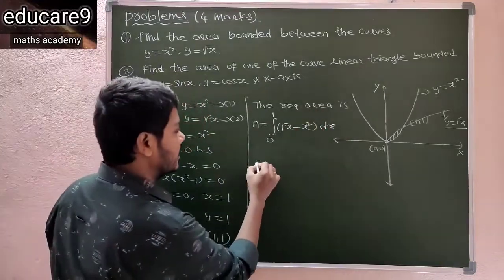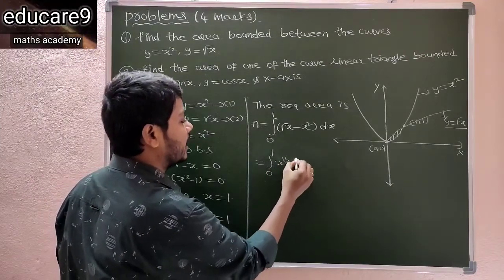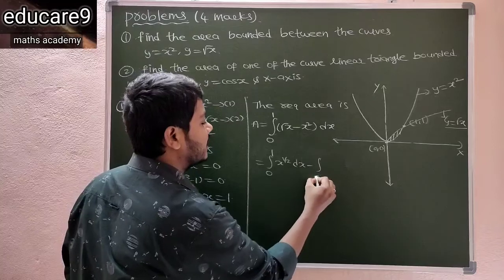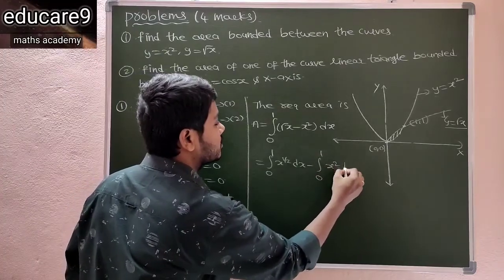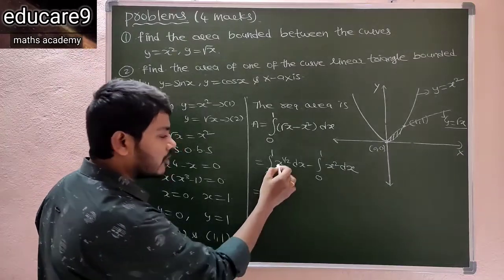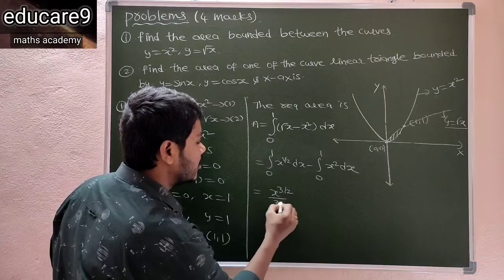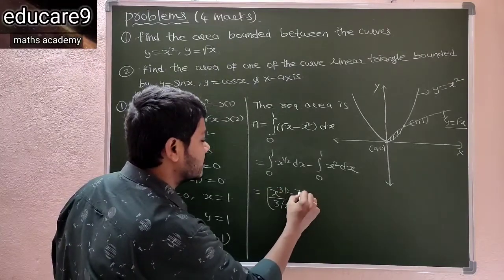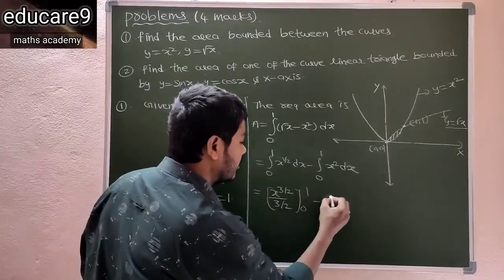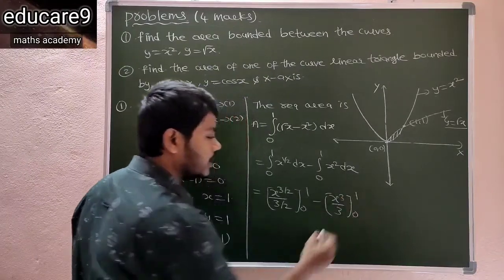Now this is the integral 0 to 1 of root x, that is x to the power of 1 by 2 dx, minus the integral 0 to 1 of x square dx. So this is x power 1 by 2 plus 1, that is x power 3 by 2 by 3 by 2, within the limits 0 to 1, and minus x cube by 3, within the limits 0 to 1.